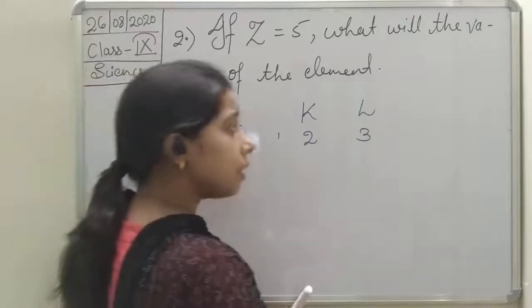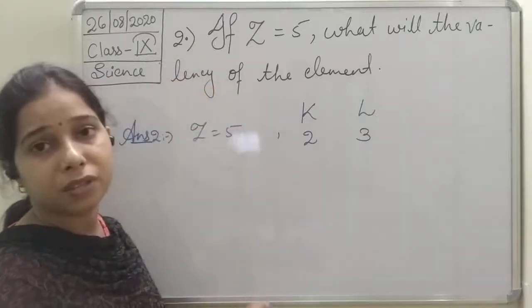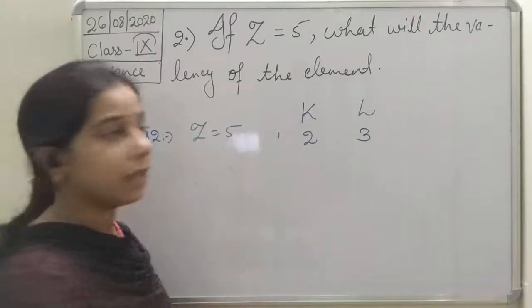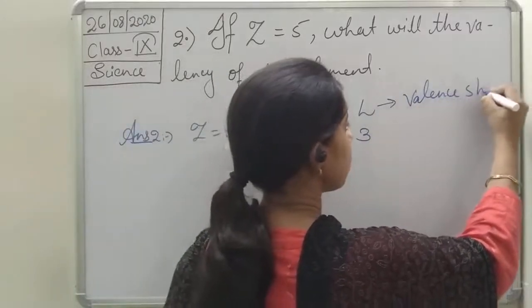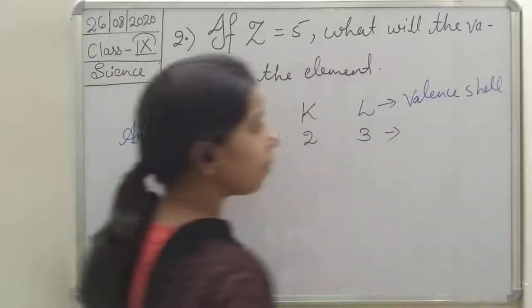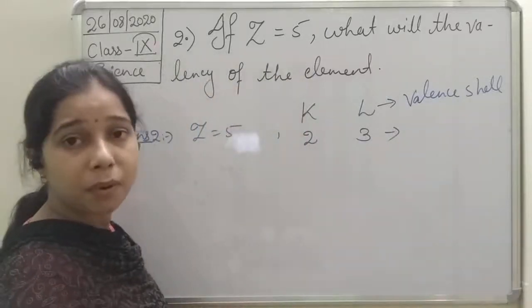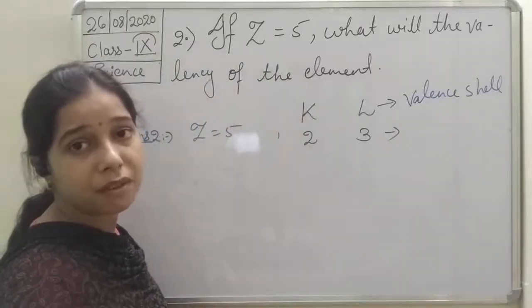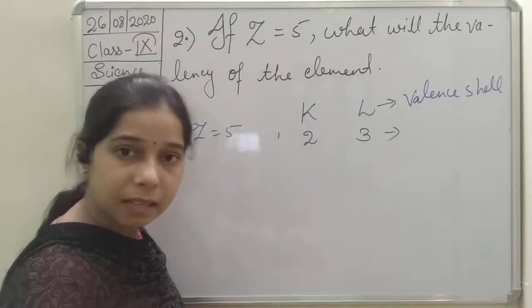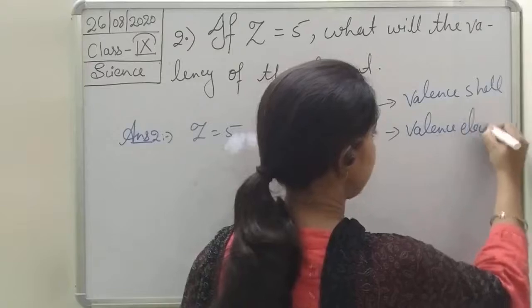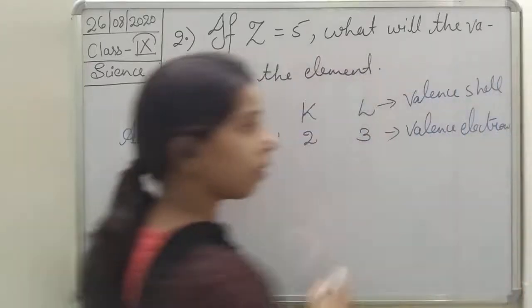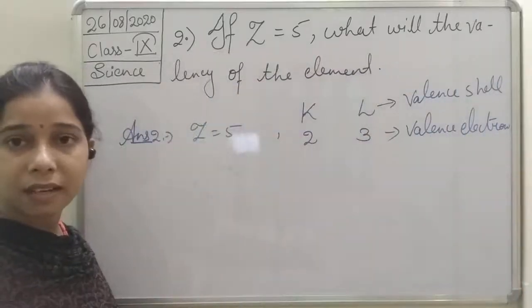Okay, so since it is the outermost shell in which the electrons enter, we can say that this one is what? This is the valence shell. Here, the number of electrons which enter into the valence shell is the valence electron. So here it will be the valence electron. Okay, valence shell and valence electron, students.